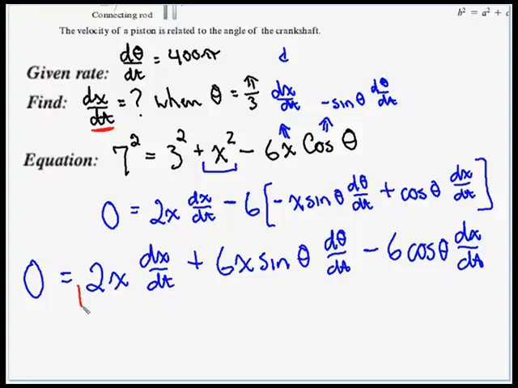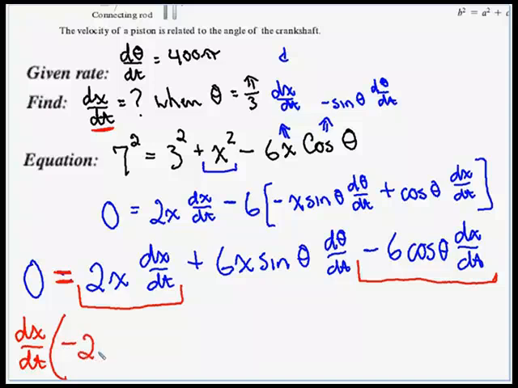This term has a dx dt in it, and this term has a dx dt in it. So I'm going to move them to the other side of the equals, change their signs, and factor out the dx dt. When this 2x moved over, it became a negative 2x, and when this negative 6 cos theta moved over, it became a positive 6 cos theta.